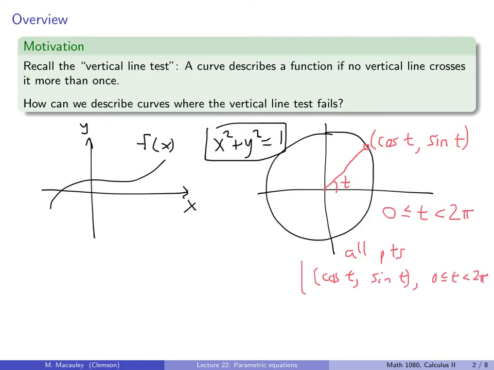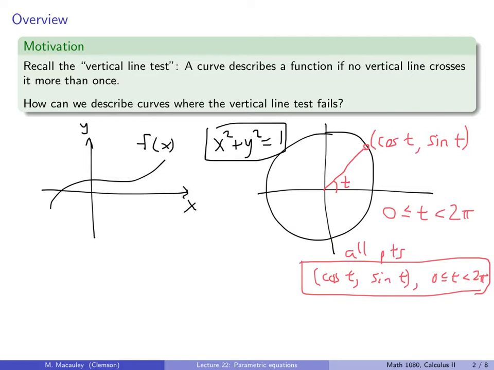This is another valid way to describe this circle. And now you can see that if I want to remove a point, say this point at pi over 4 radians, all I have to do is remove pi over 4 from here. I can just say t is between 0 and 2 pi, but not equal to pi over 4.